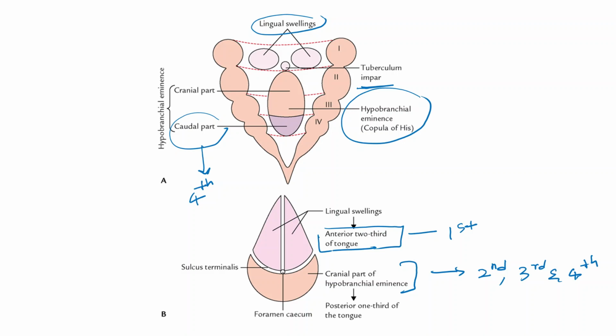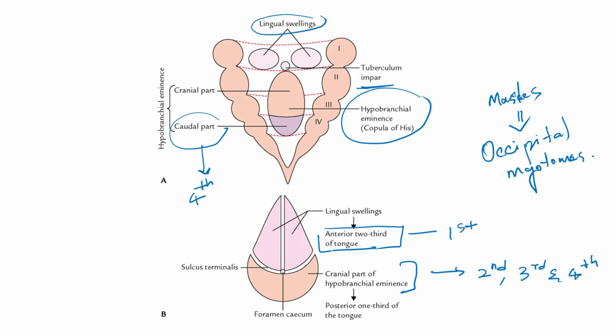Regarding the development of the muscles, all the muscles of the tongue are developed from the occipital myotomes, which at first are closely related to the developing hindbrain, and later on they migrate around the pharynx and enter the tongue.